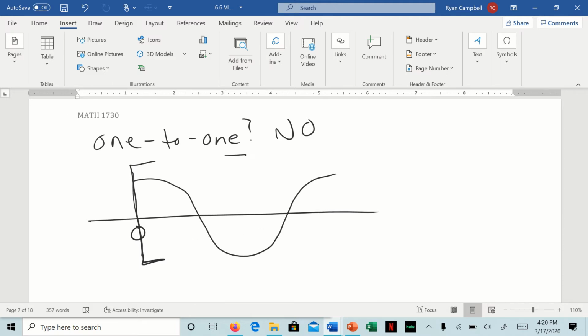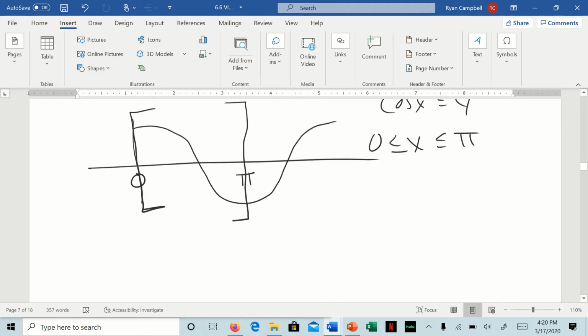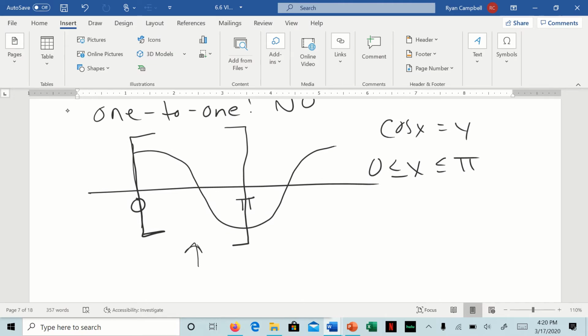But if we go to pi, that passes the vertical line test. So for cosine, we need to make sure that our x's are between 0 and pi. And do you see why? Cool.